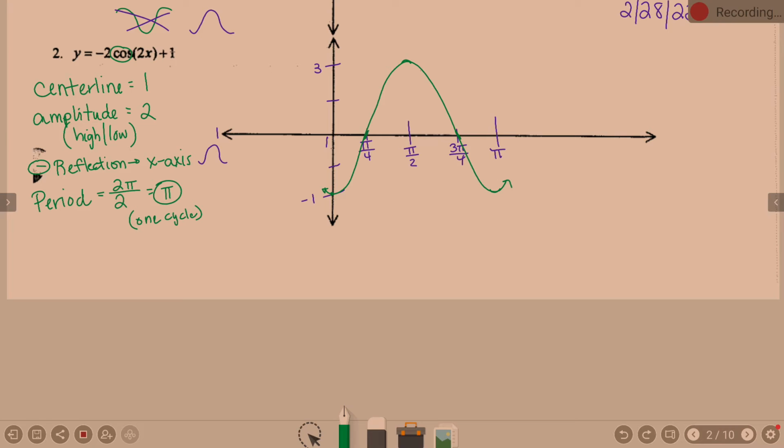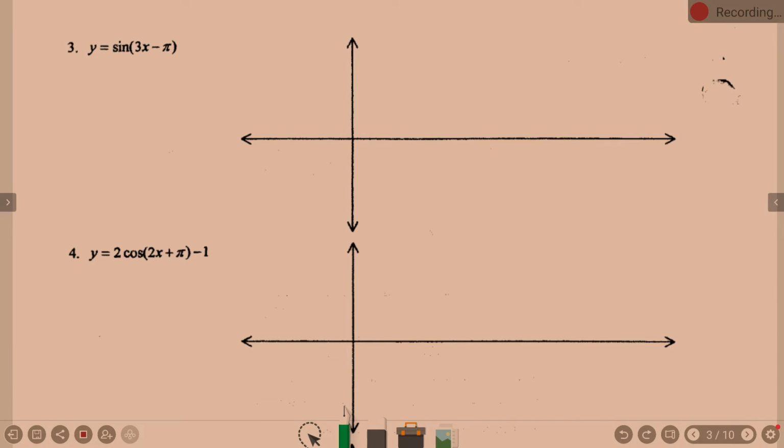Okay, ready to try another one? I have 3 and 6 picked out on the back side. Okay, so 3. What's my shape?